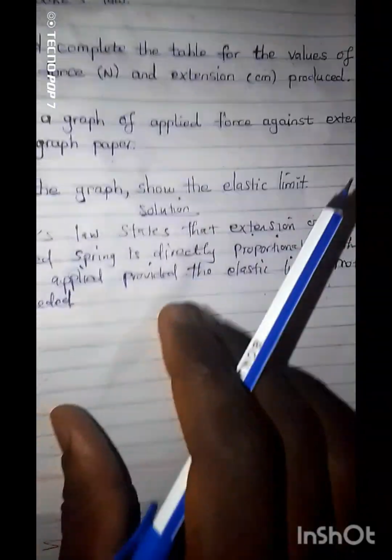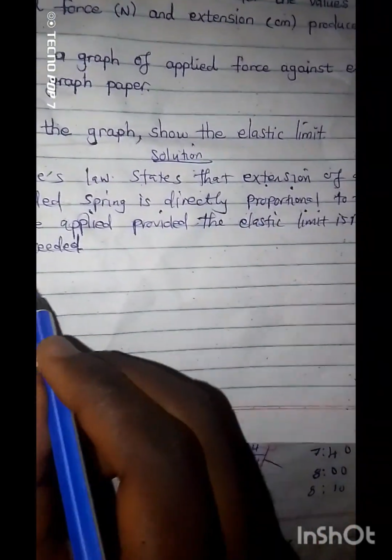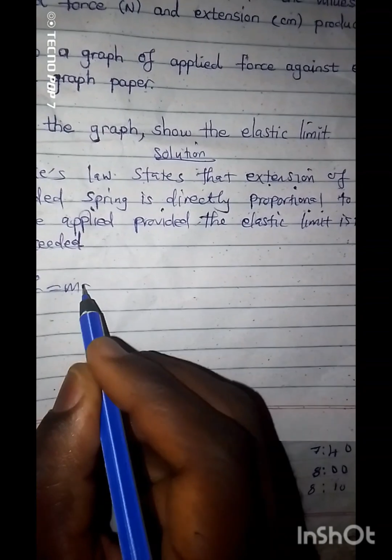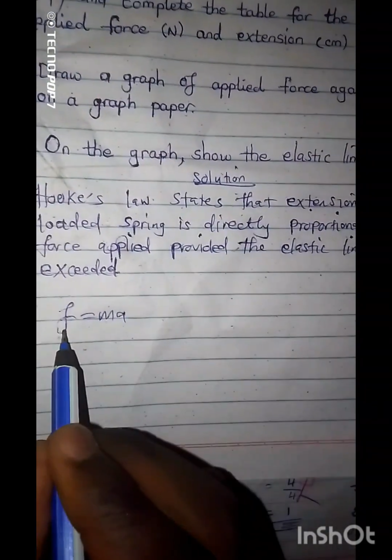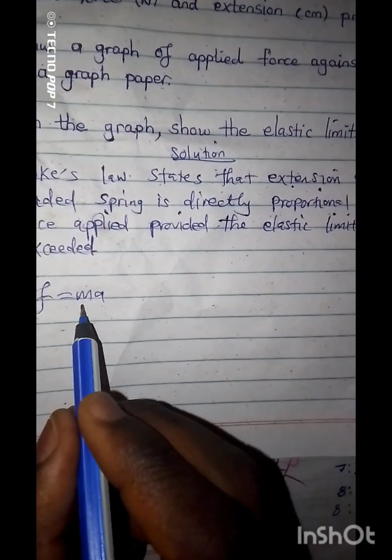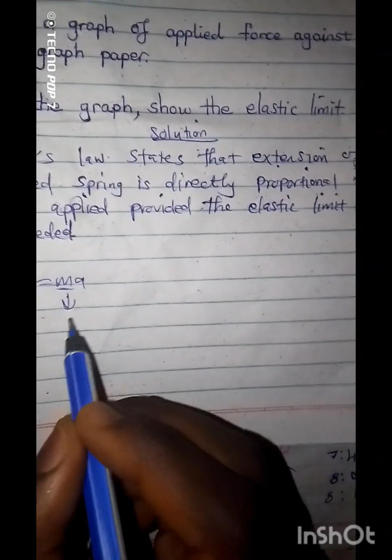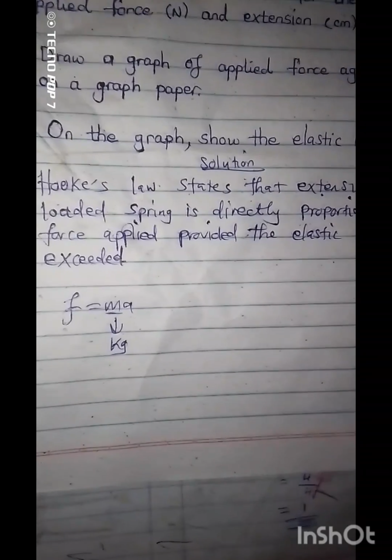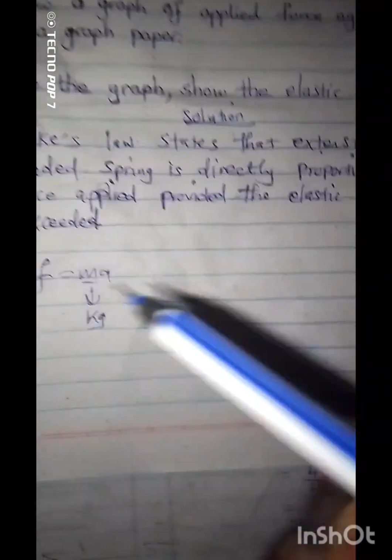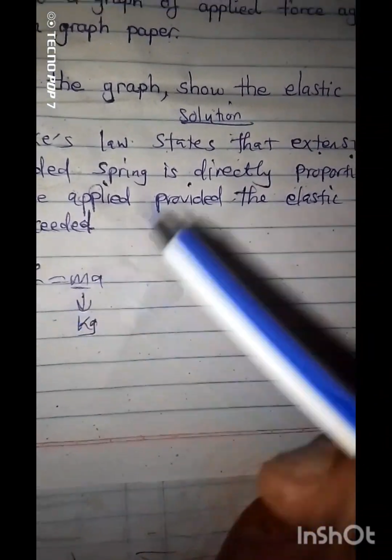The formula that should come into your mind is this one: force is equal to mass times acceleration. And the mass you are dealing with should be in kgs. If you are given mass in grams, you have to convert it so that you find force. That's what we are going to do to find this one.